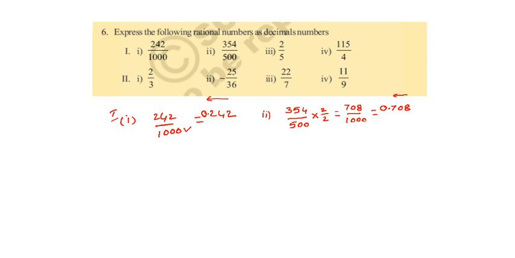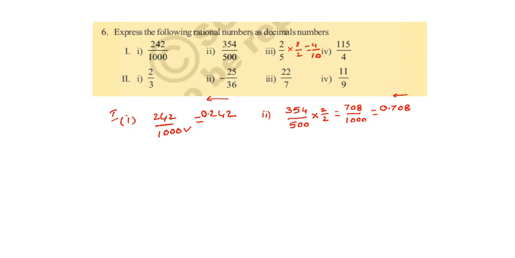In the 2 by 5, how do you rewrite this one? Here, 2 by 5 may be written as 2 by 5 into 2 by 2. Now what you get? 2 2s are 4, 4 by 10. Now it is easy for you to represent in decimal form. In the same manner, in the fourth one, the denominator is 4.